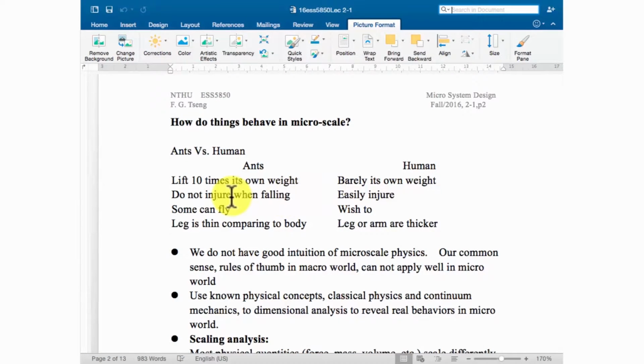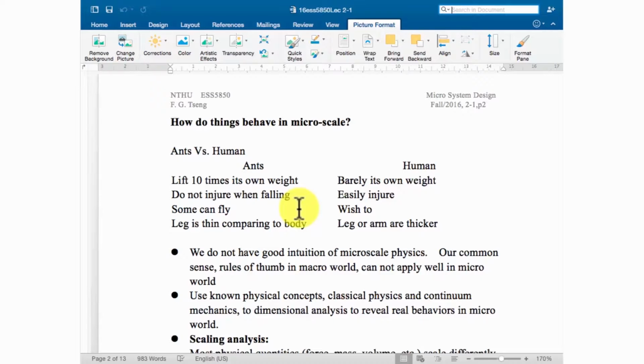The second one: when ants fall from high, they will not be injured. For example, if you do an experiment and cast one ant from the first floor down to the 0th floor, you will find the ant has no problem, and it can walk away after falling.